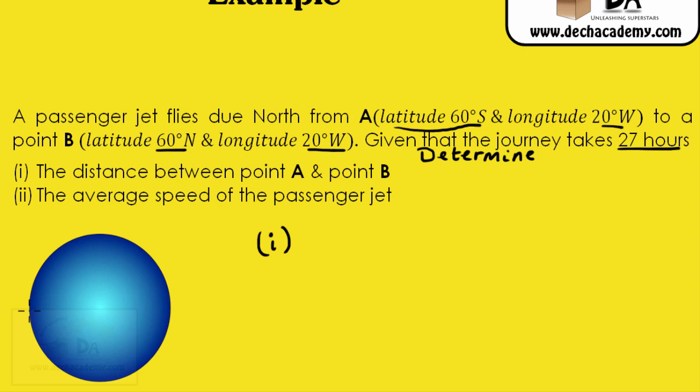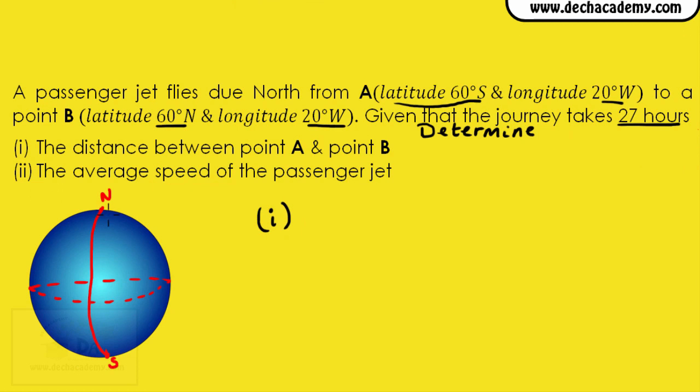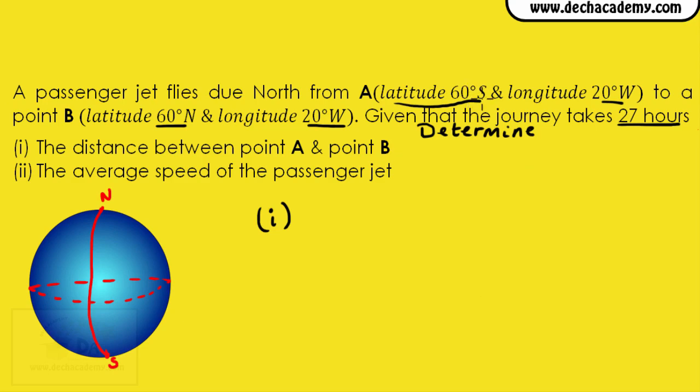It's always a good idea to show the equator and the prime meridian. I'll just use a solid line for that. Point A lies at latitude 60 degrees south and longitude 20 degrees west.